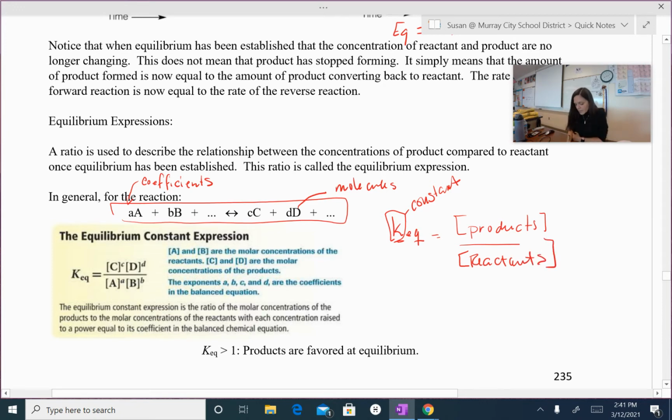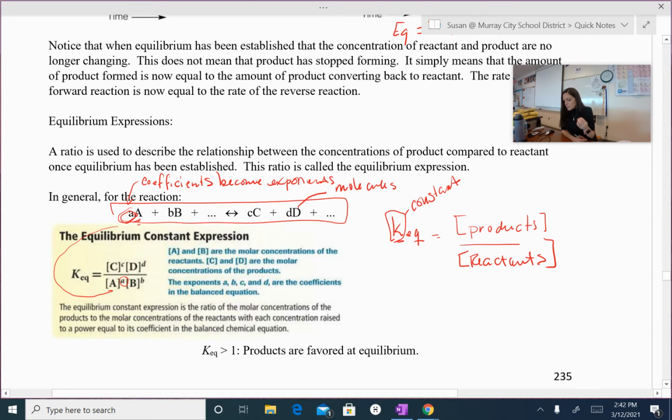So notice that our A, because it's a reactant, is going to be here. And notice that our coefficient becomes an exponent. So coefficients become exponents. Okay?